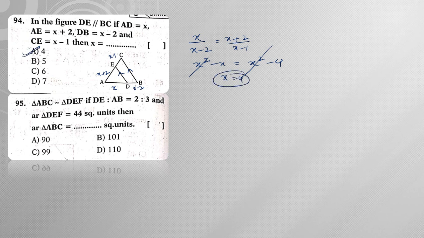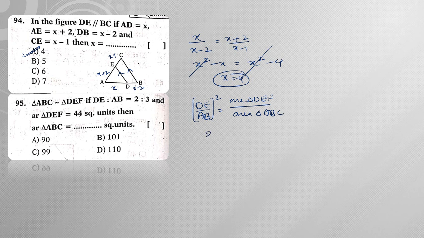Right, next, triangle ABC similar to triangle DEF, DE by AB. Here he is talking about areas, hence we can make it DE by AB whole square is equal to area of DEF by area of triangle ABC.